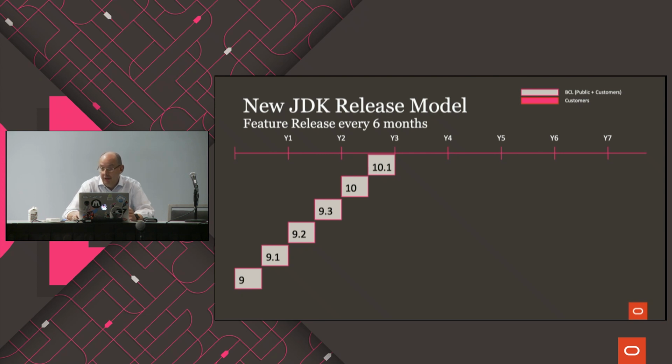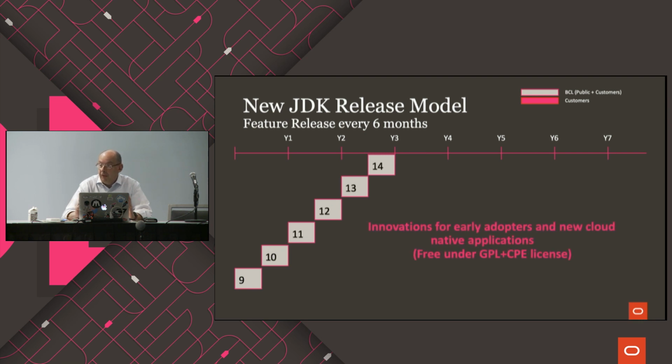We felt that 6 months was a good balance between getting the right rate of innovation to our developers and understanding the complexity of this platform. We have to support a very large number of hardware platforms as well as operating systems. When we release, we run our regression testing, and that's millions and millions of tests, and we need to analyze those tests to make sure everything is right. So 6 months we felt was the right time frame.